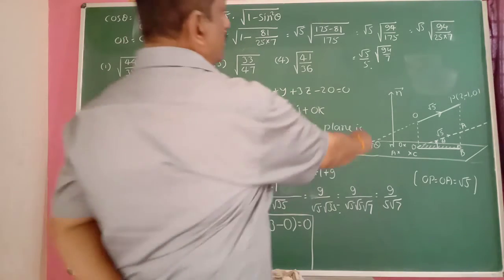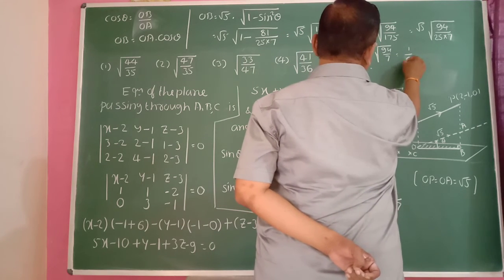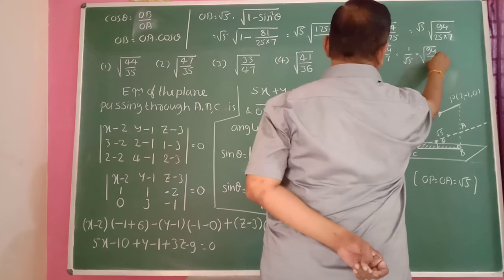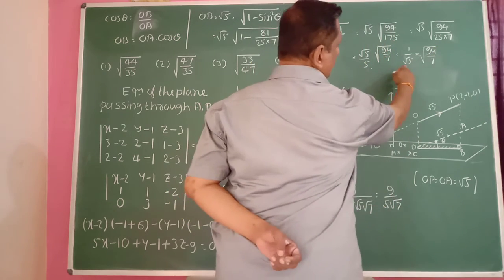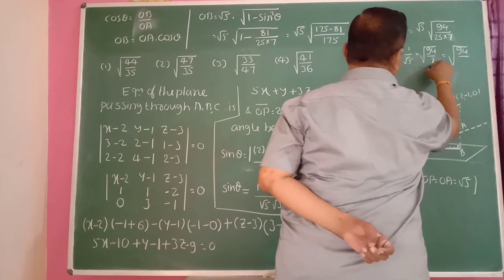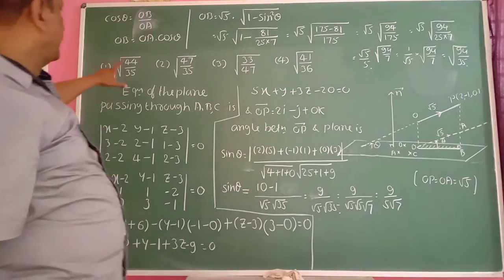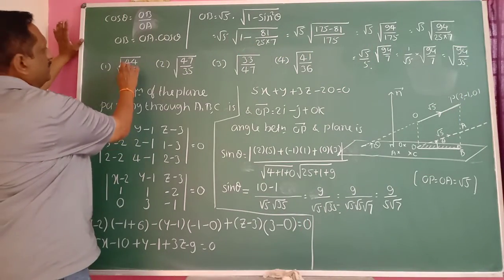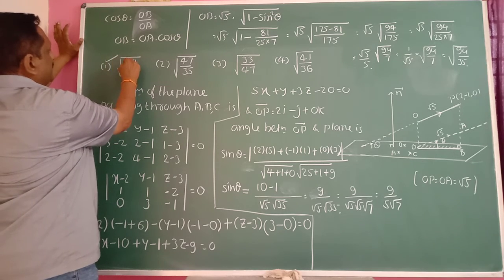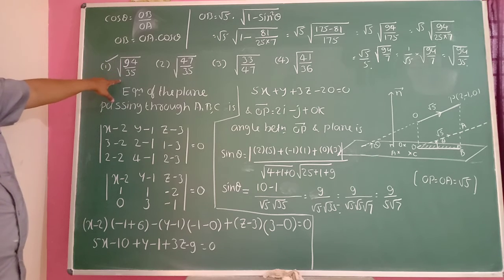So here root 5 upon 5 is 1 by root of 5 into root of 94 divided by 7. Take this root 5 inside, it is the root of 94 divided by 7 5 is 35. So I think it is 94 here. It is not 44. It is 94 here. Therefore, the first option is correct here. Root of 94 divided by 35 is the correct one.